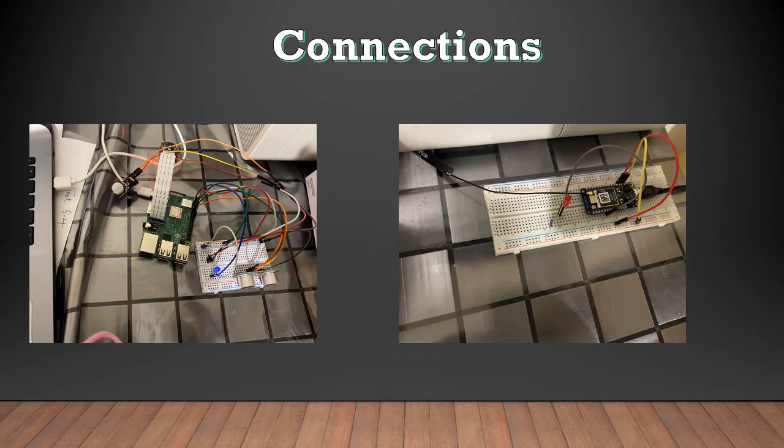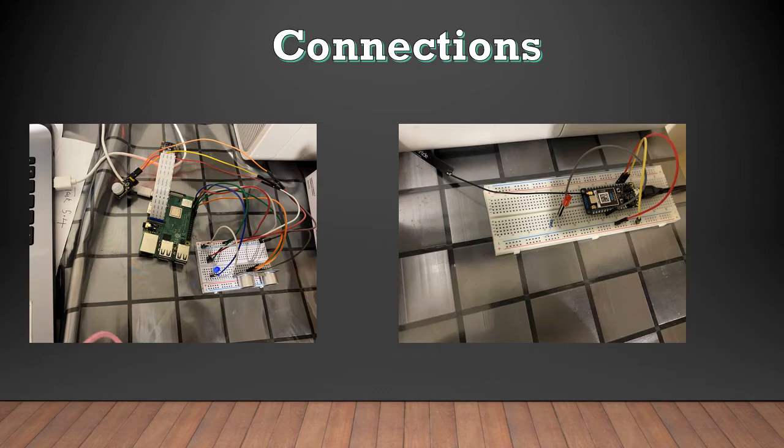Now we'll have a look at the Raspberry Pi. It's a little bit more complicated here. It uses three sensors: the PIR motion sensor, the ultrasonic sensor, and the camera module. The LED is placed there just to represent whether the ultrasonic sensor is working or not. Now the camera is directly attached to the camera module port provided on the Raspberry Pi.